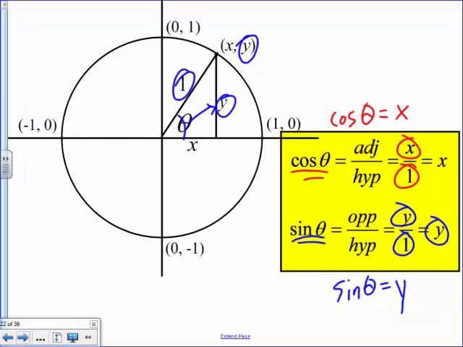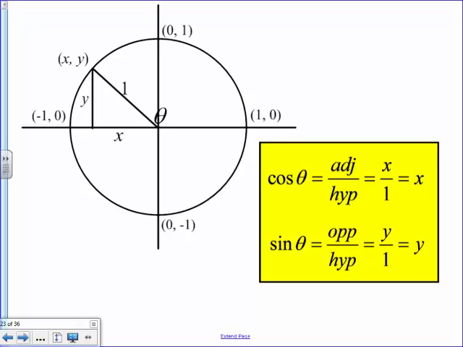And how it relates as I move into the different quadrants, it's going to be the exact same thing, except my x value is technically negative. So if I were to type in the cosine of this angle, I should get a negative value. It's really going to be a negative x rather than a positive x.